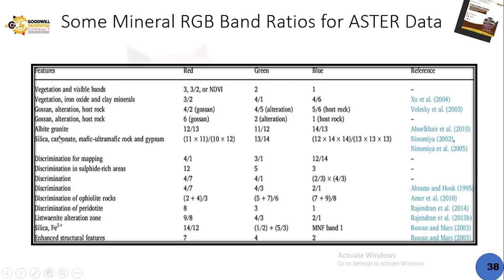If you want to discriminate between silica, carbonates, mafic and ultramafic rocks and gypsum, you are going to use this RGB color combination with a band ratio product. So gold sands, alterations and host rock. For gold sands is band 6, then alterations band 2, then host rock is band 1. These are all reference authors.